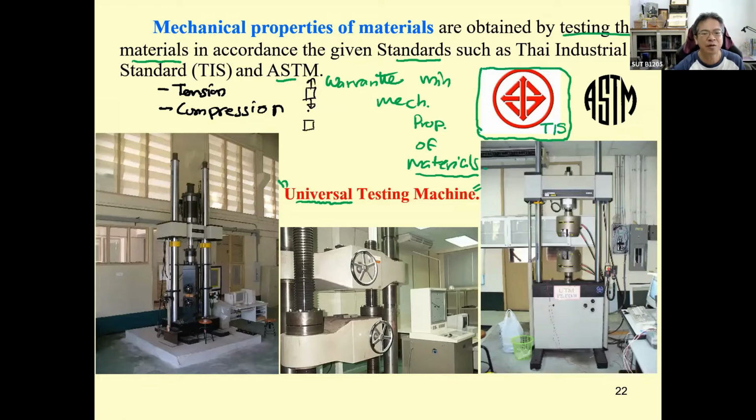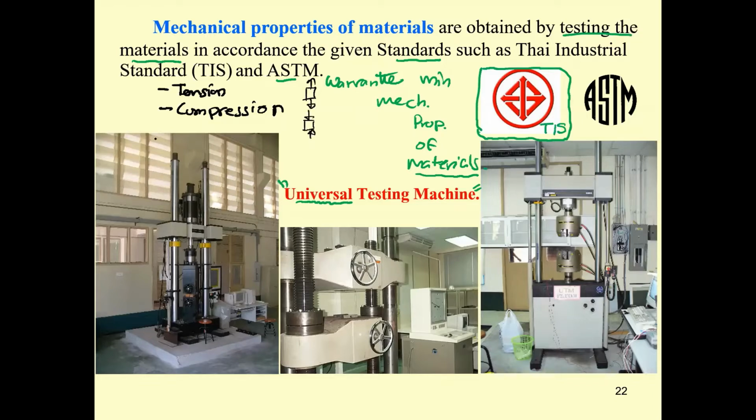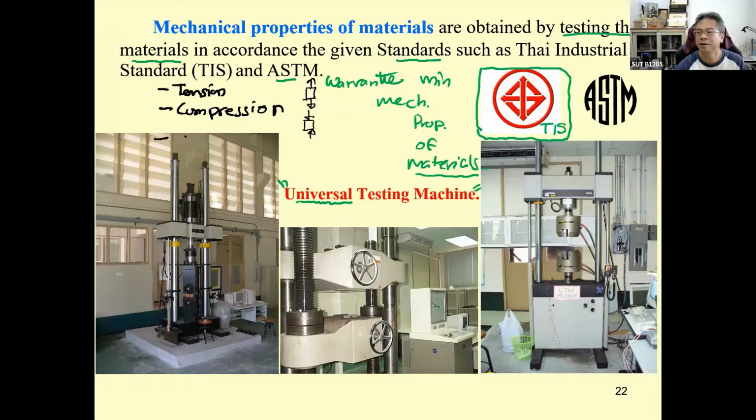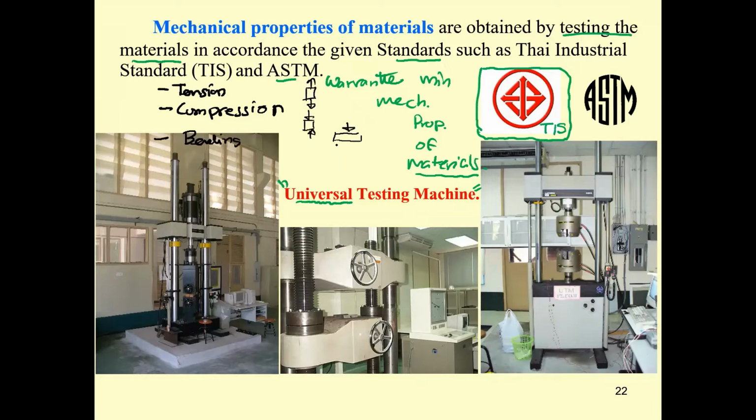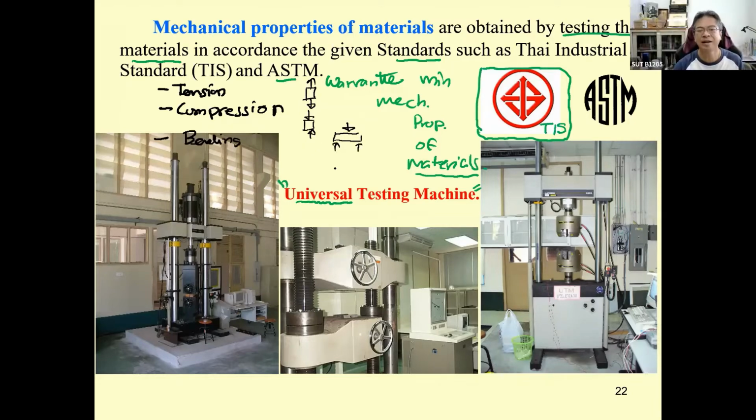This one is going to be the compression. It can also do the bending test in some kind of setup, where you put the load on the material like this. So these machines are very useful, and there are many versions of the universal testing machine in our university.